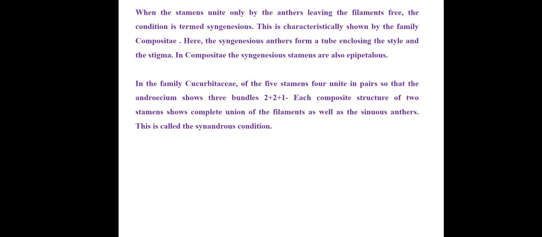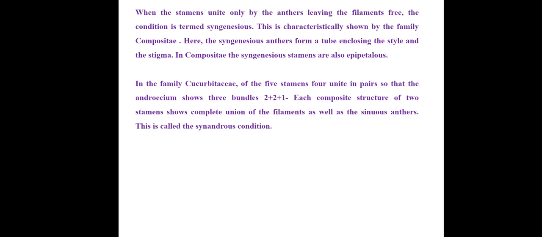In the family Cucurbitaceae, of five stamens, four unite in pairs so that the androecium shows three bundles, that is, two plus two plus the remaining one. Each composite structure of two stamens shows complete union of filaments as well as the anthers.